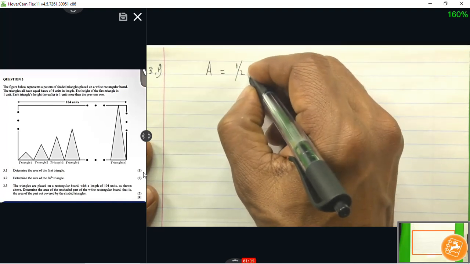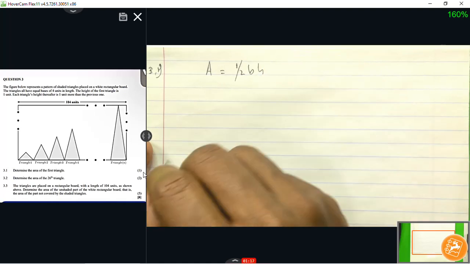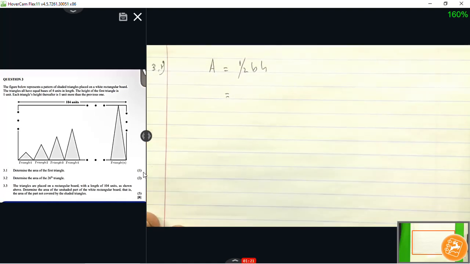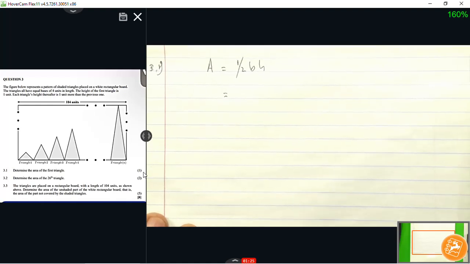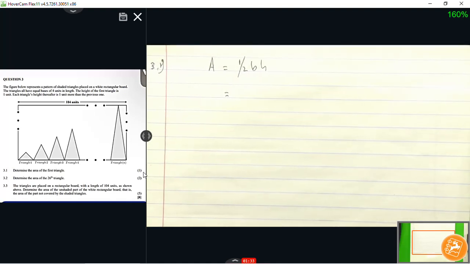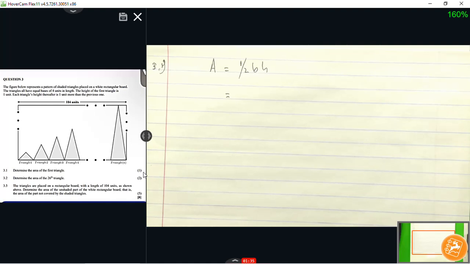Half base times height, isn't it? Then when I go to the text, to the background, I am going there with intention. I am going to look for specific information. So I'm looking for my B and my H.